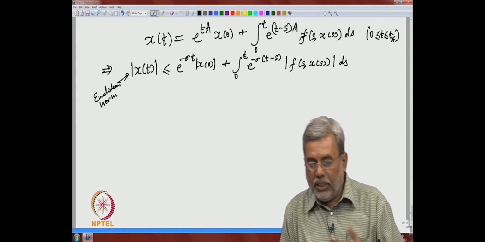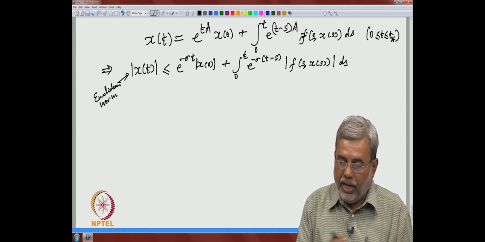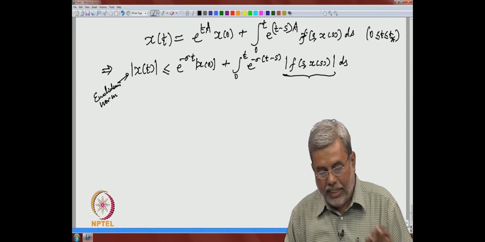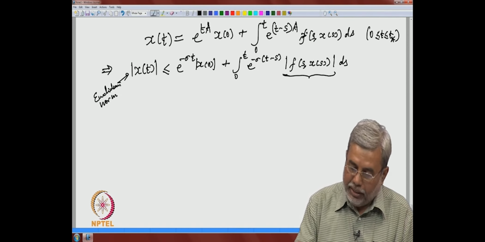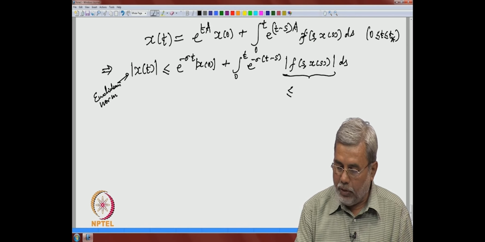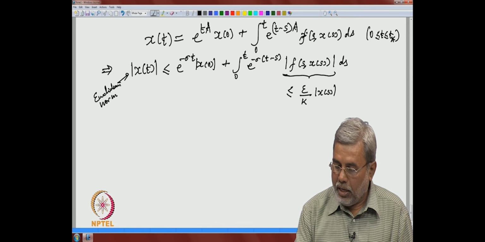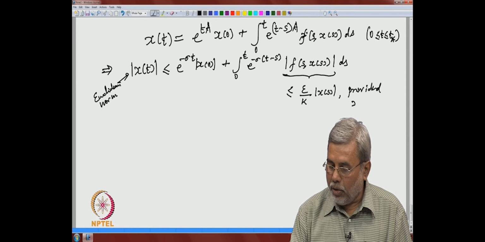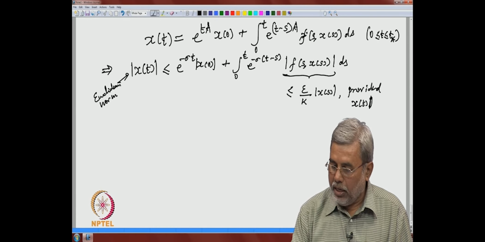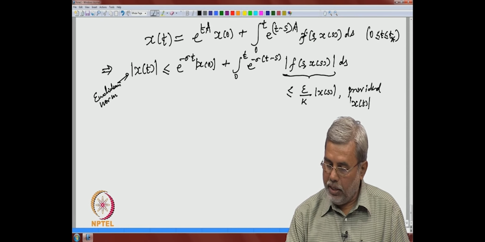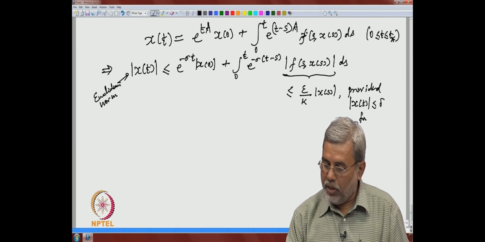Now I want to use the hypothesis on f, and for that I require that estimate 2 applies, that mod x(t) is less than or equal to delta. I assume that for the time being, and I will show it. So, this is less than or equal to epsilon by K times mod x(s), provided norm x(t) is less than or equal to delta for 0.